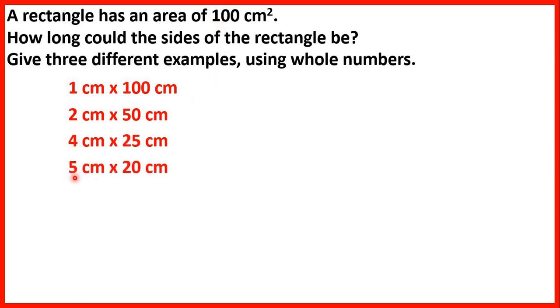Or 5 centimetres and 20 centimetres, because 5 times 20 is 100. Now if both the length and the width were 10 centimetres, then we wouldn't have a rectangle, we would have a square. So we need to give 3 different examples, so we need to use 3 of these.